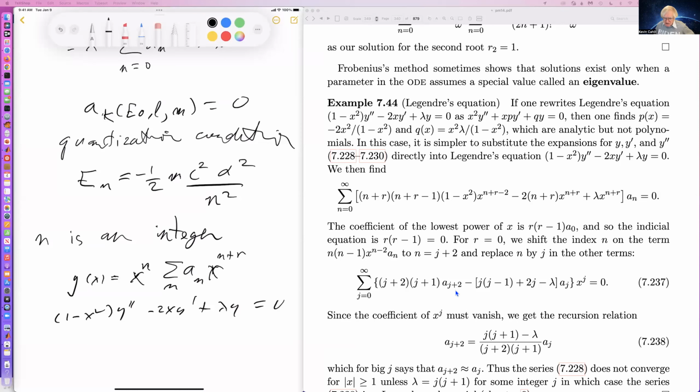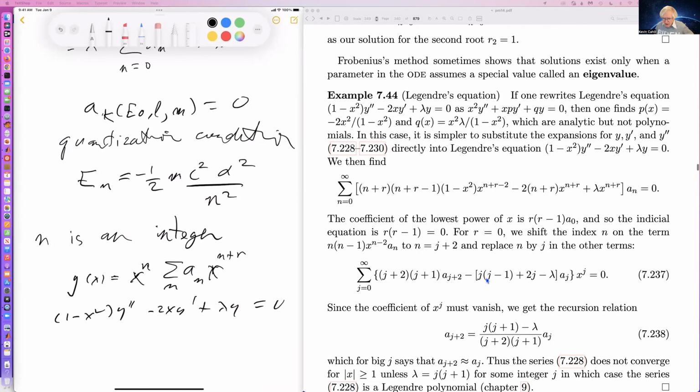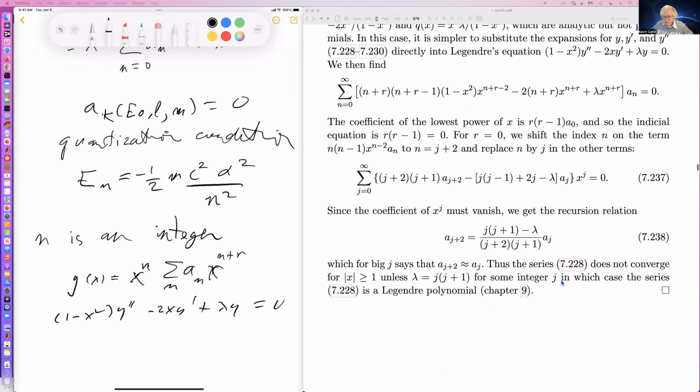A sub j plus 2 has to equal this, a sub j times these things divided by that. So you get this recursion relation.